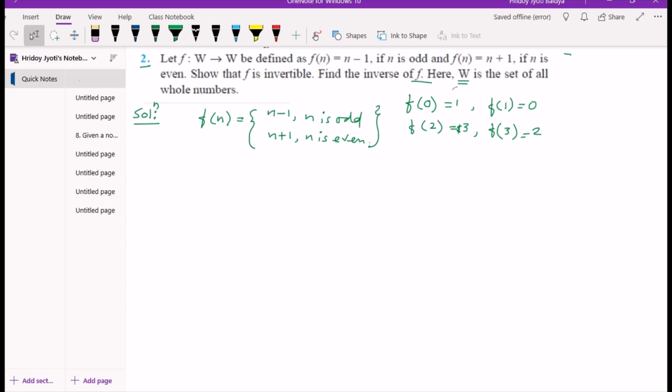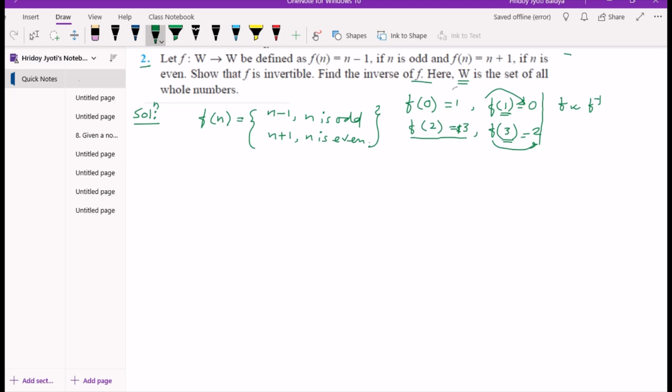Now here we have to notice one thing. f(0) equals 1 and f inverse of 0 is also equal to 1. F(2) equals 3 and f inverse of 2 also equals 3. If we continue like this with a few more examples, we will find that the rule of f is the same as the rule of f inverse.